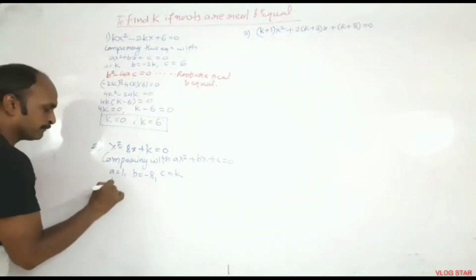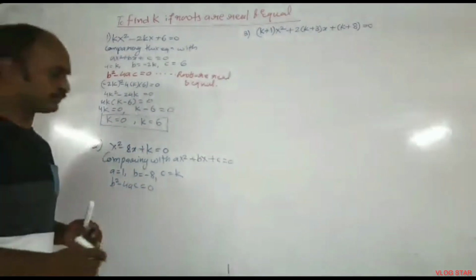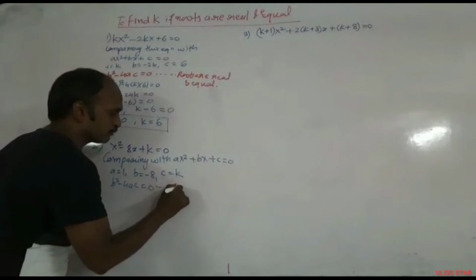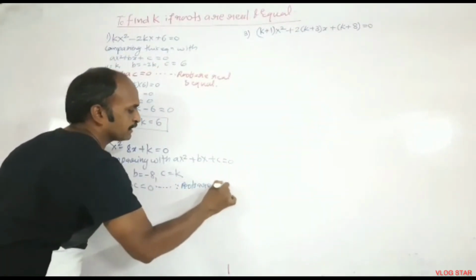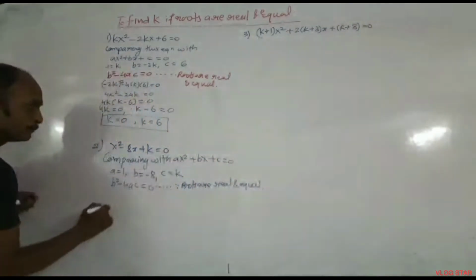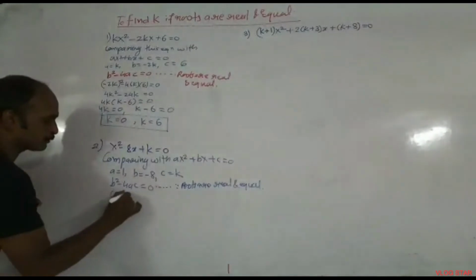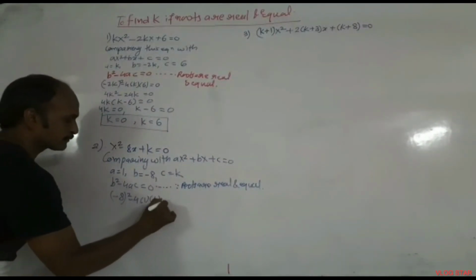Then b square minus 4ac is equal to 0. Reason you have to write because roots are real and equal. It is given. So b square, minus 8 square, minus 4a into c is equal to 0.